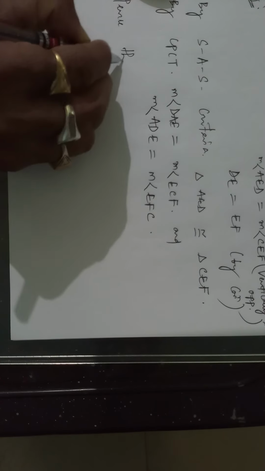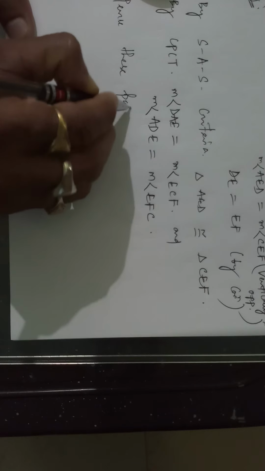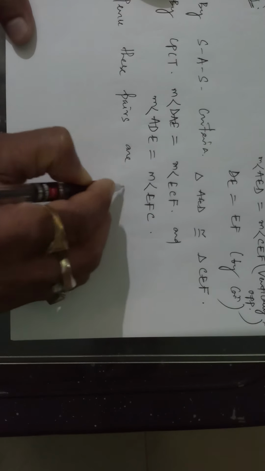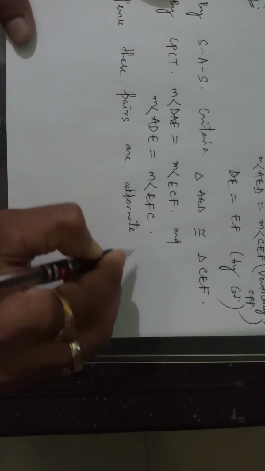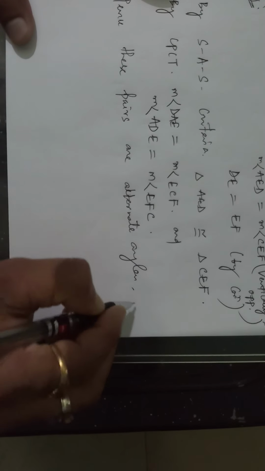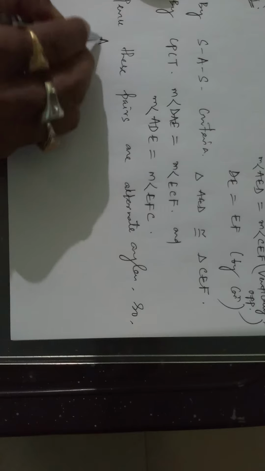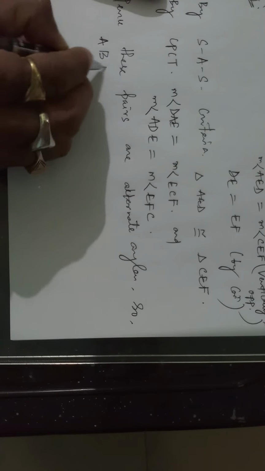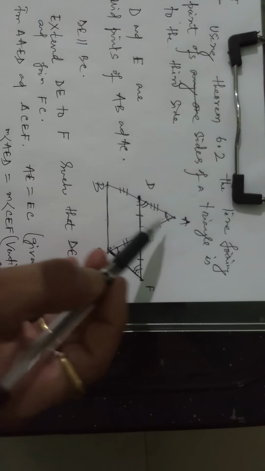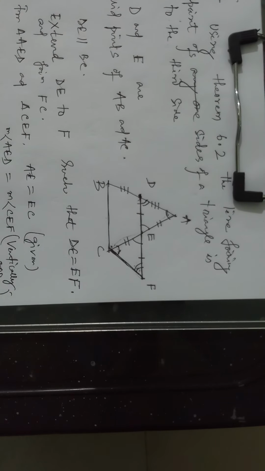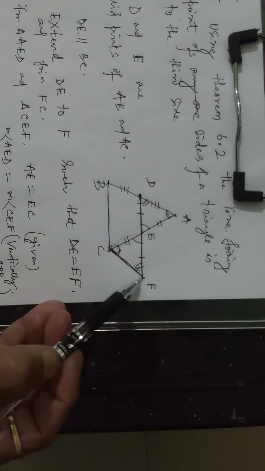Hence these pairs are alternate angles. So AB is parallel to FC. See the figure.